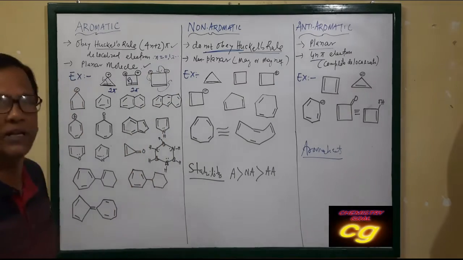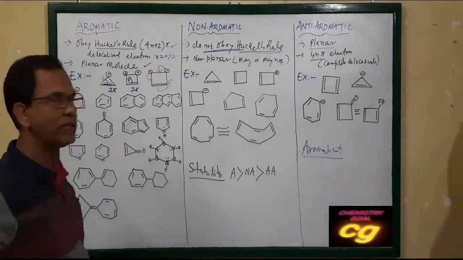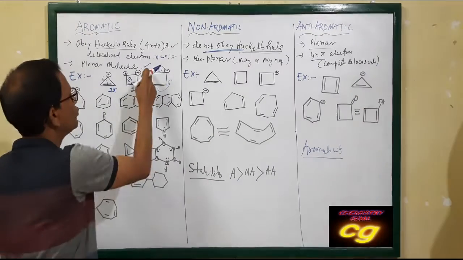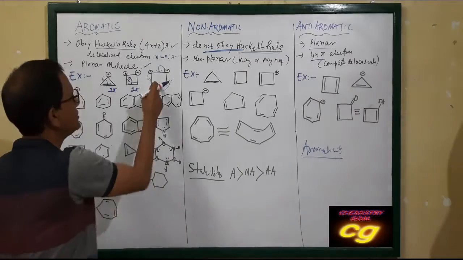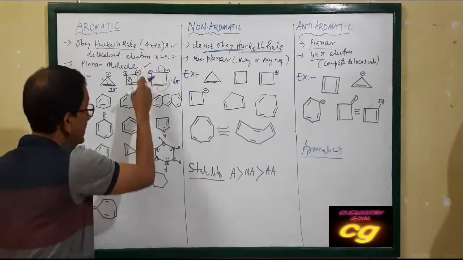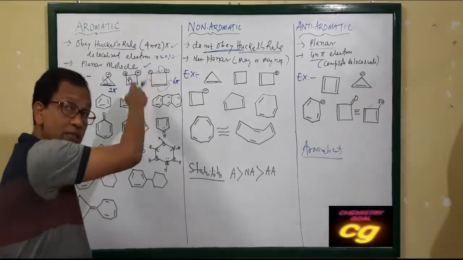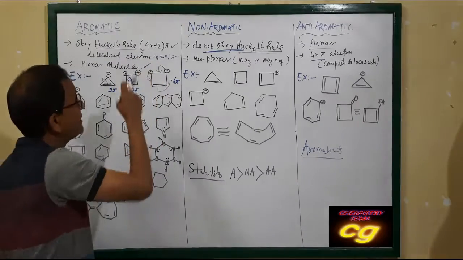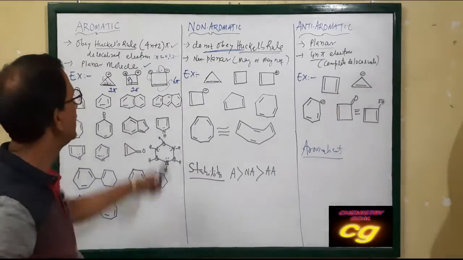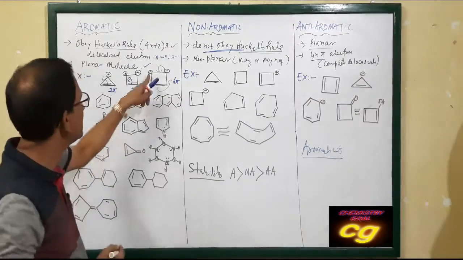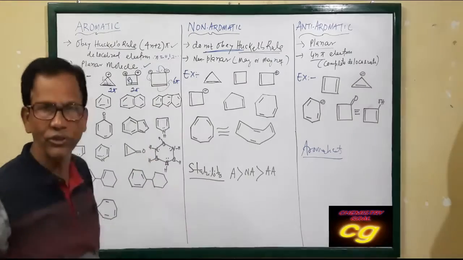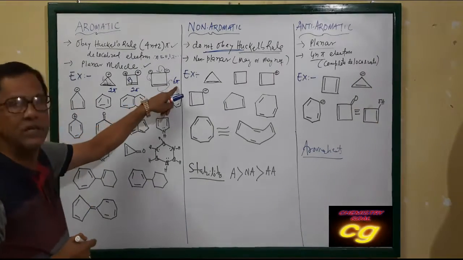How many pi electrons? 2 pi, 4 pi, and this 2 pi, that is 6 pi electrons. It has 6 delocalized pi electrons and also a planar shape because it is forming resonance. Although it has a lone pair, it is involved in the pi bond conjugation, so it is planar, that's why it is aromatic.